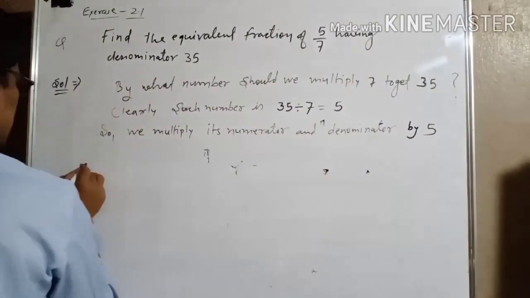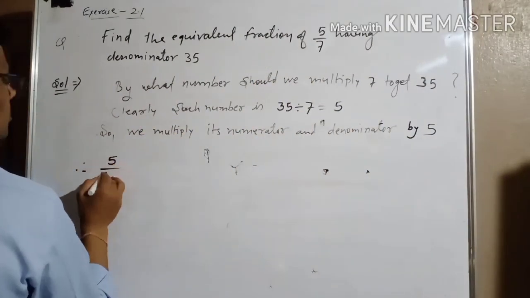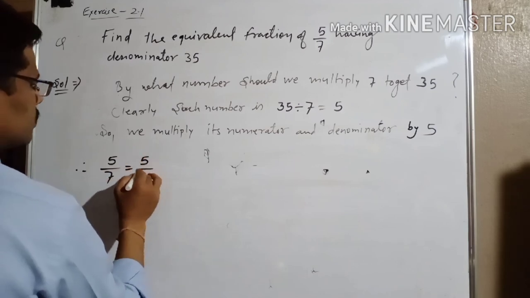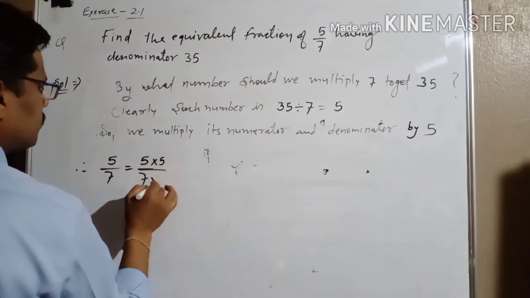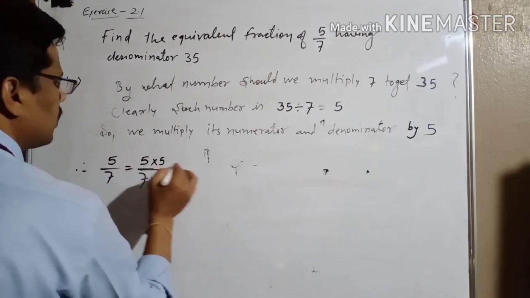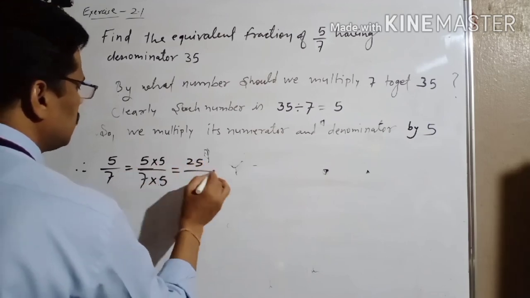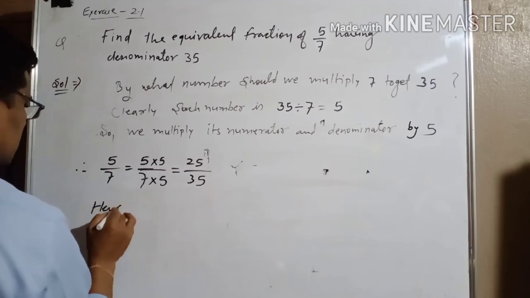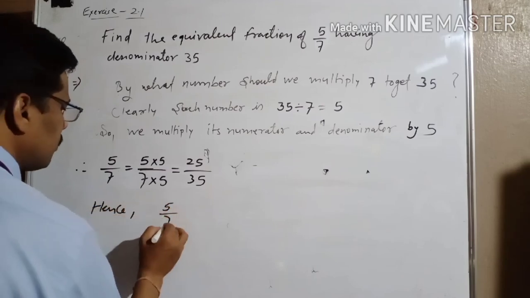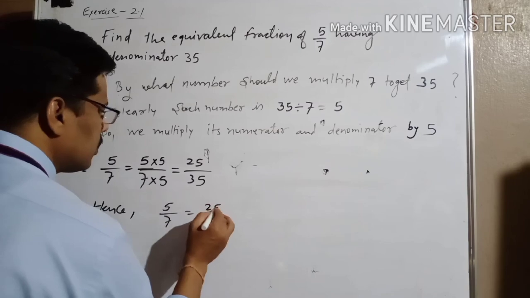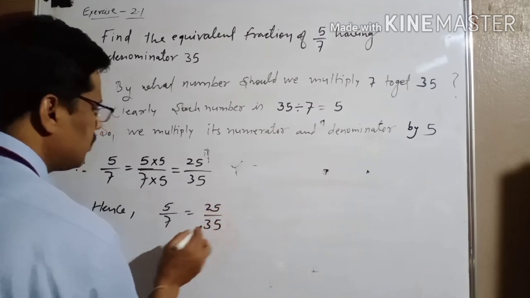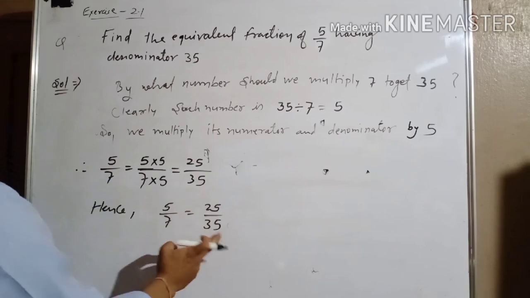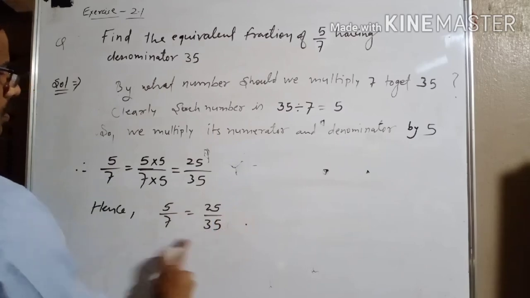So 5 upon 7 is equal to 5 upon 7 multiplied by 5. 5 5s are 25, 7 5s are 35. Hence, 5 upon 7 is equal to 25 upon 35. Now look here, its denominator becomes 35. This is your required answer.